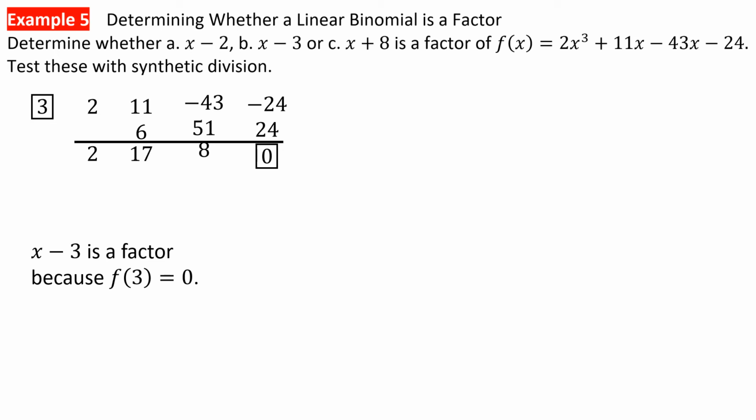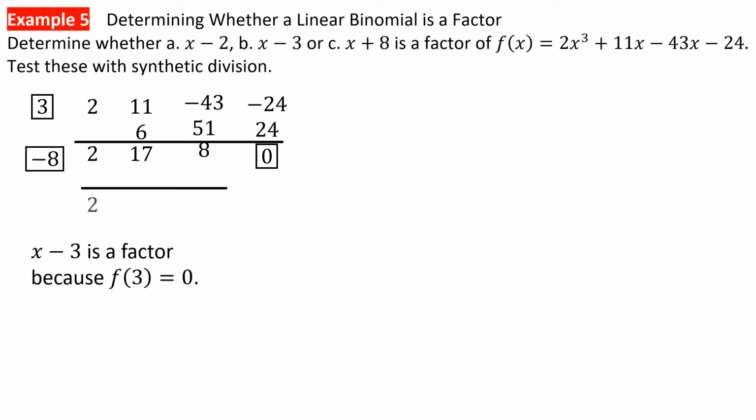Now, here's a nice thing about synthetic division. We're asked to also check x plus 8, and because we already found that 3 works, we can just begin right where we ended and try the negative 8 going right here. We don't have to go back to the original. We can plug negative 8 in with the 2, 17, and 8.